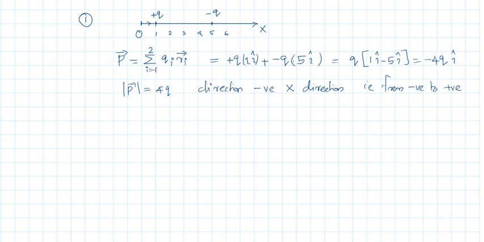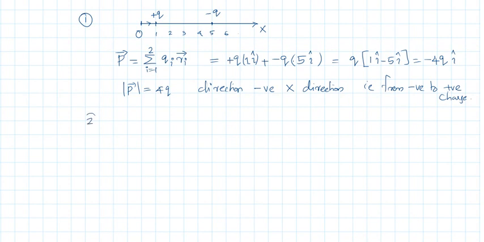In plus 2 classes, you might have studied that the dipole moment of two equal and opposite charges separated by a distance is charge times the distance between the charges. So here it is 4q, and the direction of the dipole moment is from negative to positive. That is why it is minus 4q i cap.